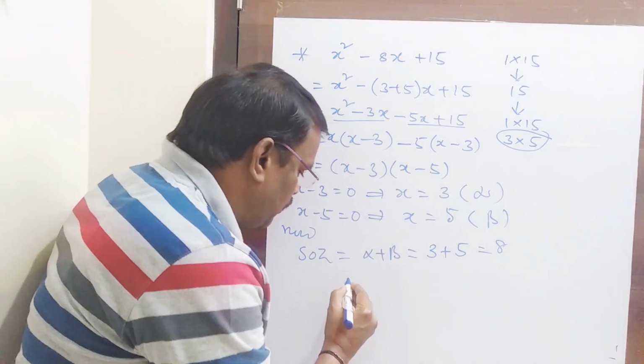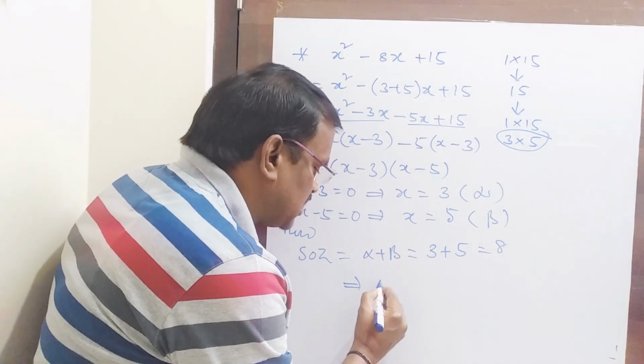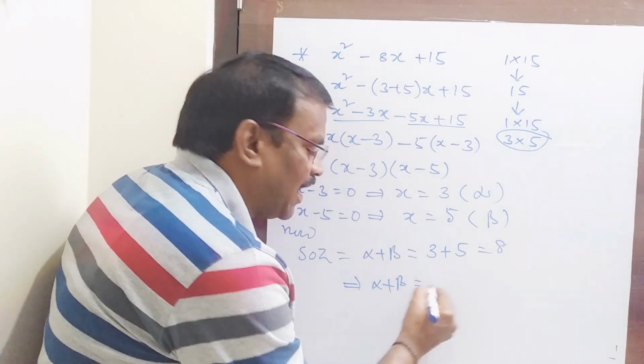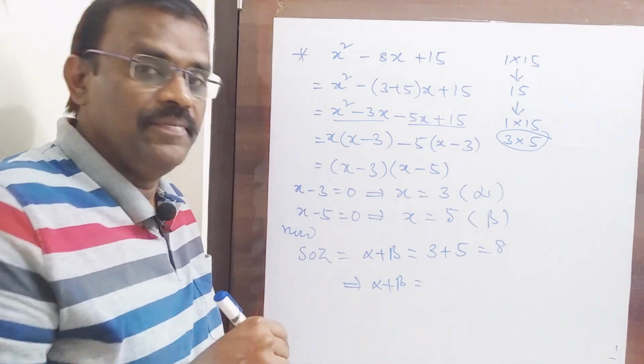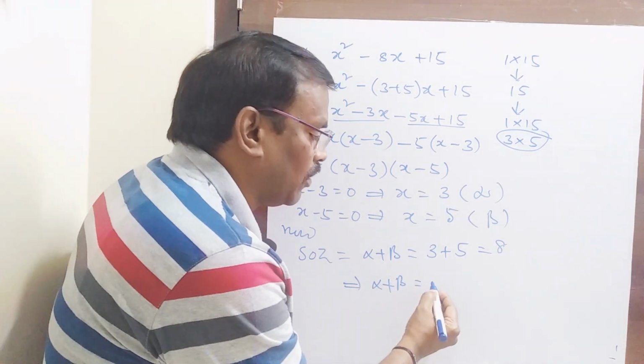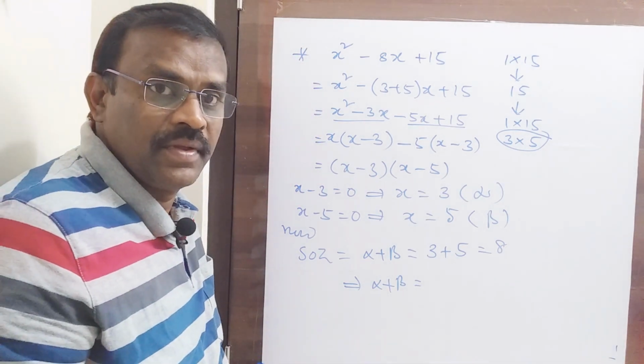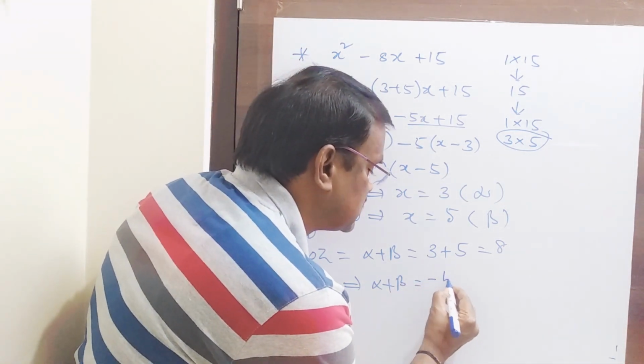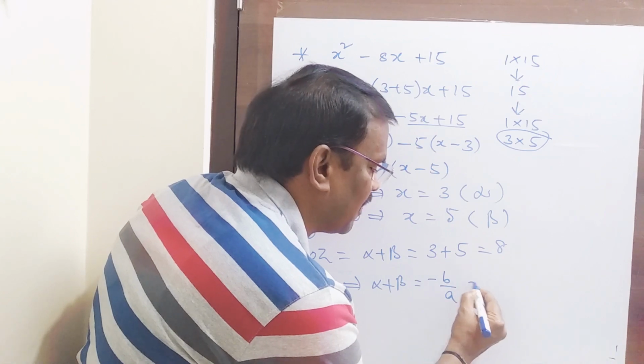Okay? Now, the same sum of zeros we are going to calculate by using coefficients. That is, alpha plus beta is equal to, we have one standard formula. What is that? Minus b by a.